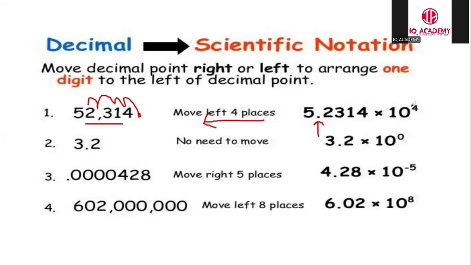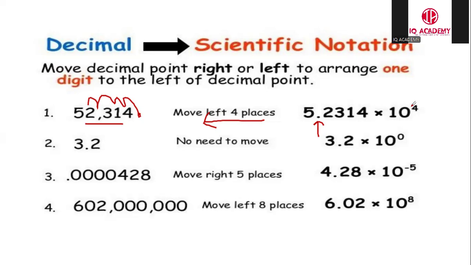The other thing I think I forgot to mention: when you are finding this scientific notation, make sure that the number of significant figures in the original number, the way they have given you, is the same in the number that you've expressed in scientific notation.